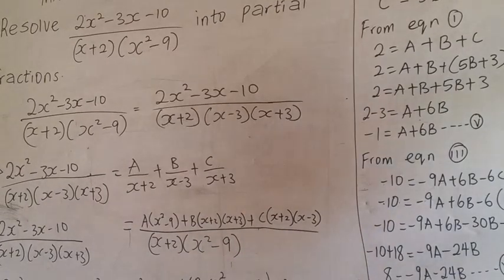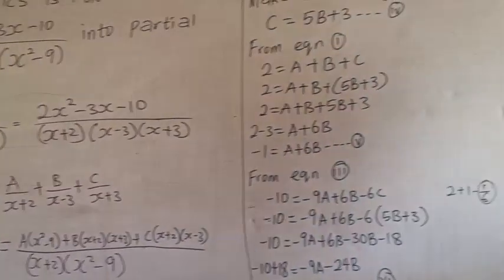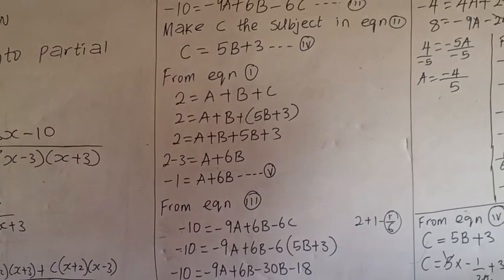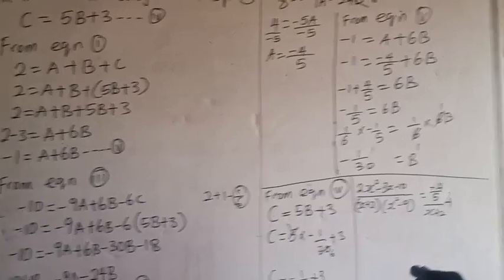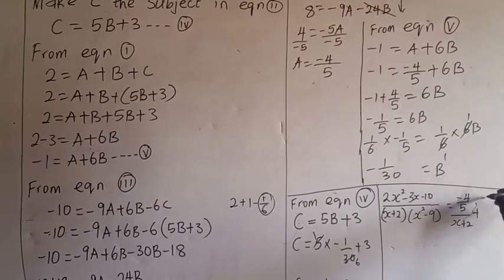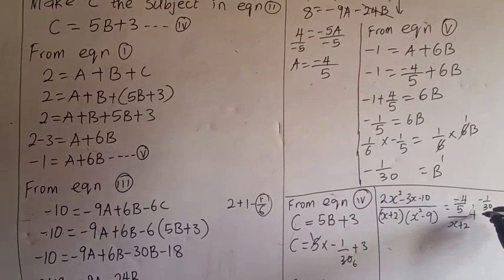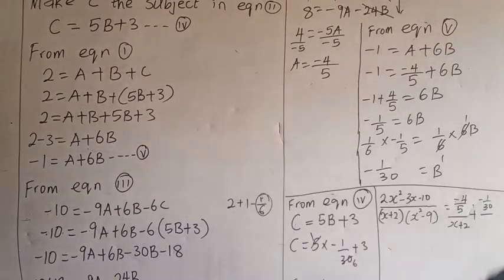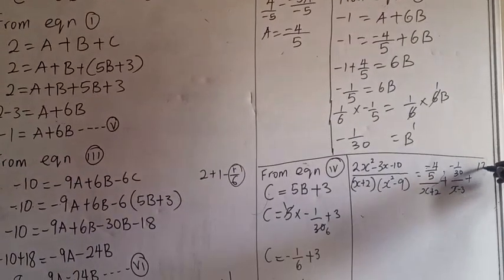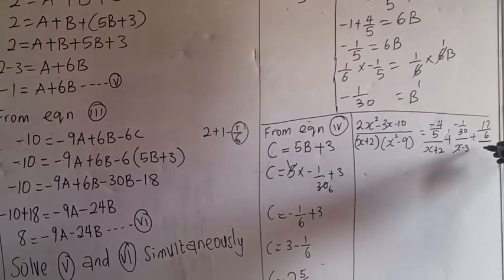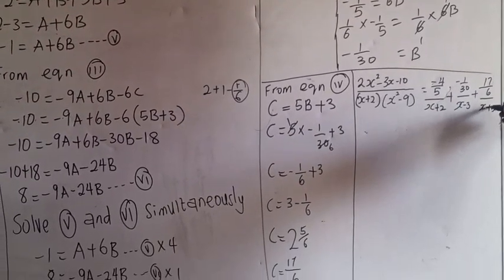What did we get for a? A is minus 4 over 5. Minus 4 over 5 then over x plus 2 plus b. This is minus 1 over 30 over x minus 3. Then plus c. We got 17 over 6, then over x plus 3.